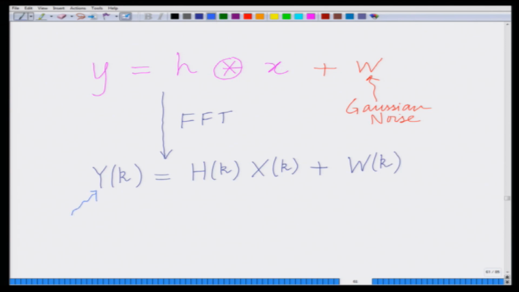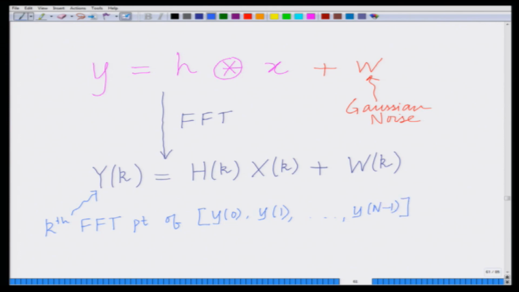Yk is the kth FFT point of the received signal y0, y1, up to yn minus 1.